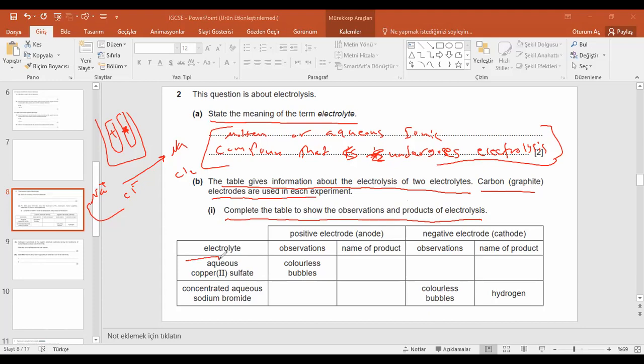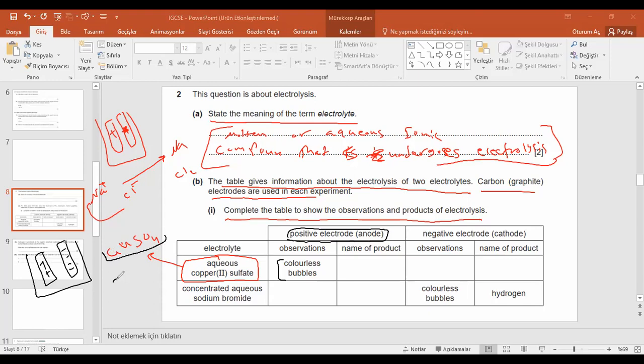So here, guys, we have copper sulfate, CuSO4. At the positive electrode, at the anode, we see colorless bubbles. Look, guys, for CuSO4, here we have the cathode, and here we have the anode.